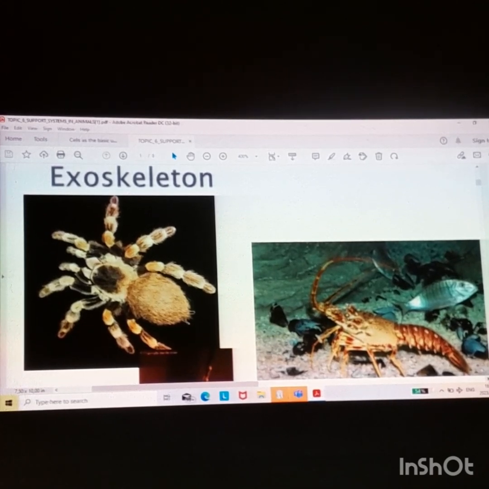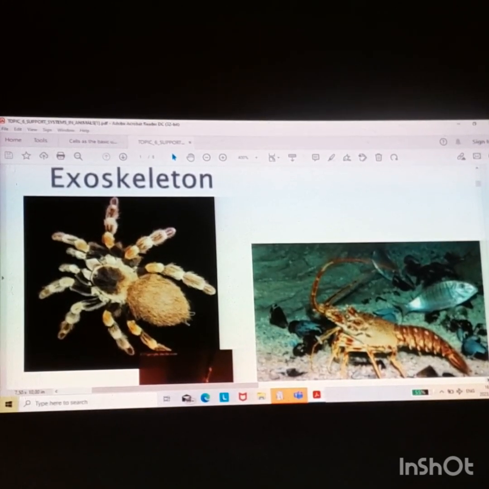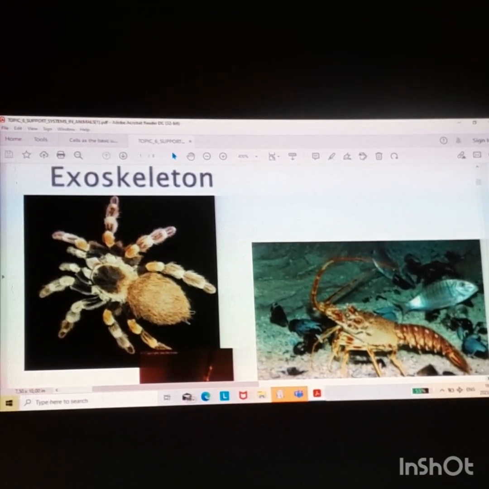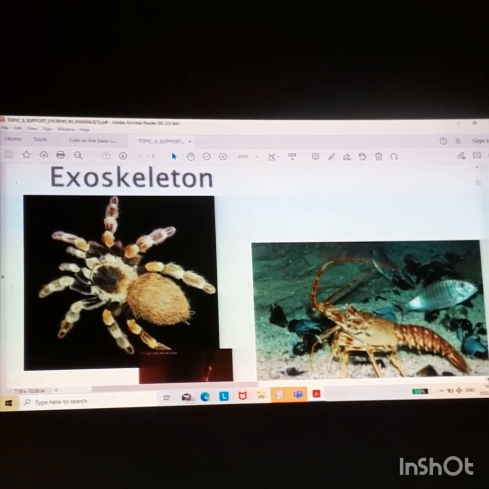So as we continue, this skeleton also prevents drying out of the organism, meaning that it helps the organism from drying out. Let's think of a snail. What will happen if we remove that external skeleton of a snail? A snail will become dry, meaning that it will die. So these skeletons help organisms to not dry out.